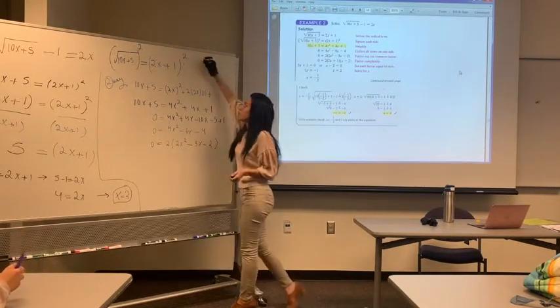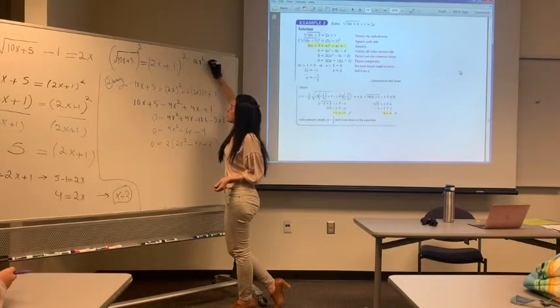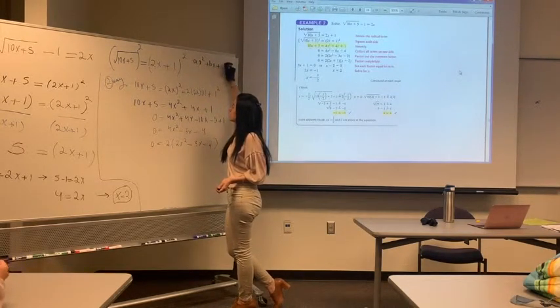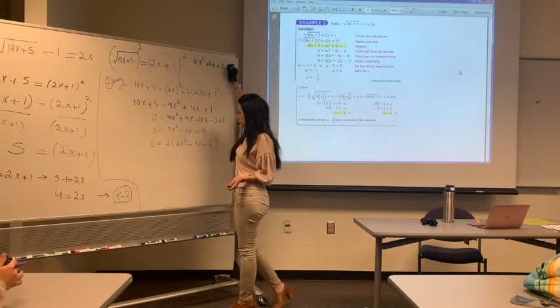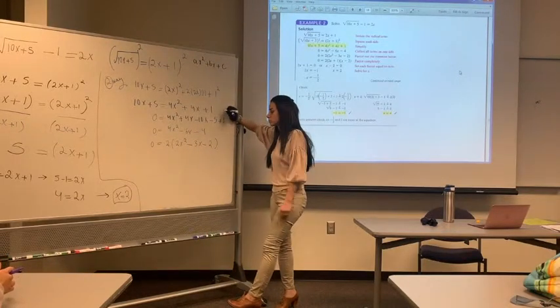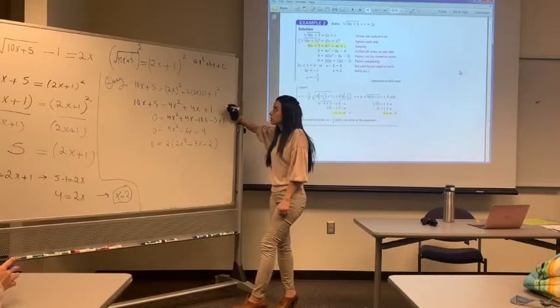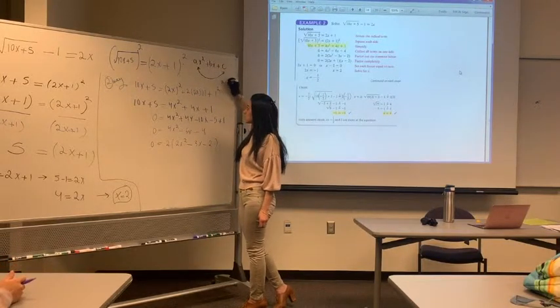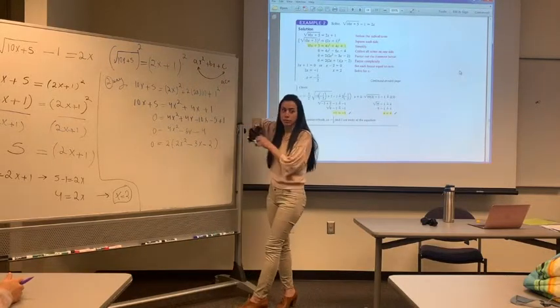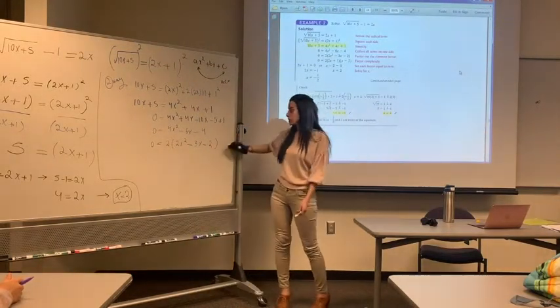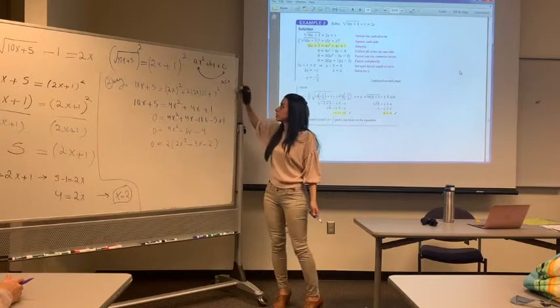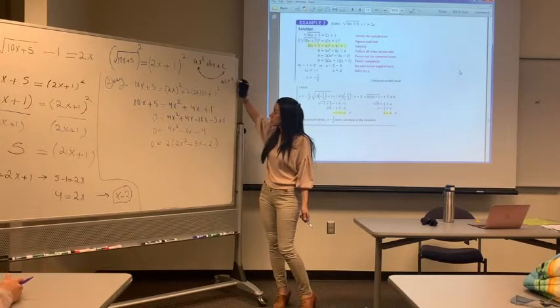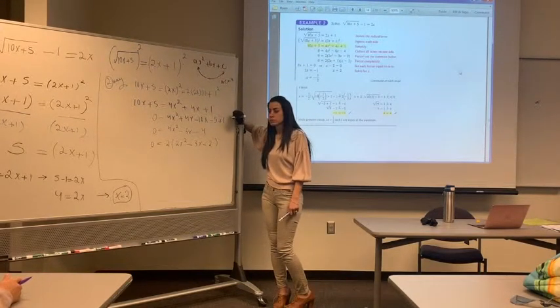Do you remember ax squared plus bx plus c? We multiply a and c to find ac, which is 2 multiplied by 2, negative 4. And then we break up b.